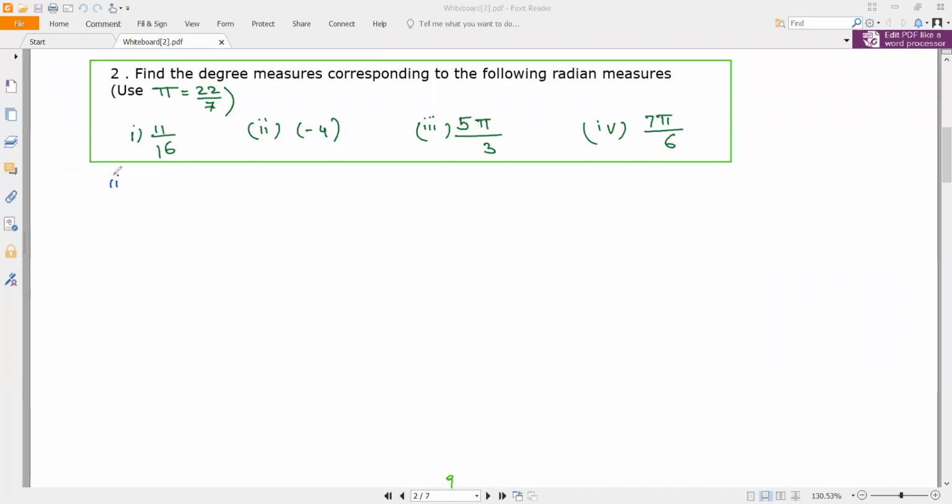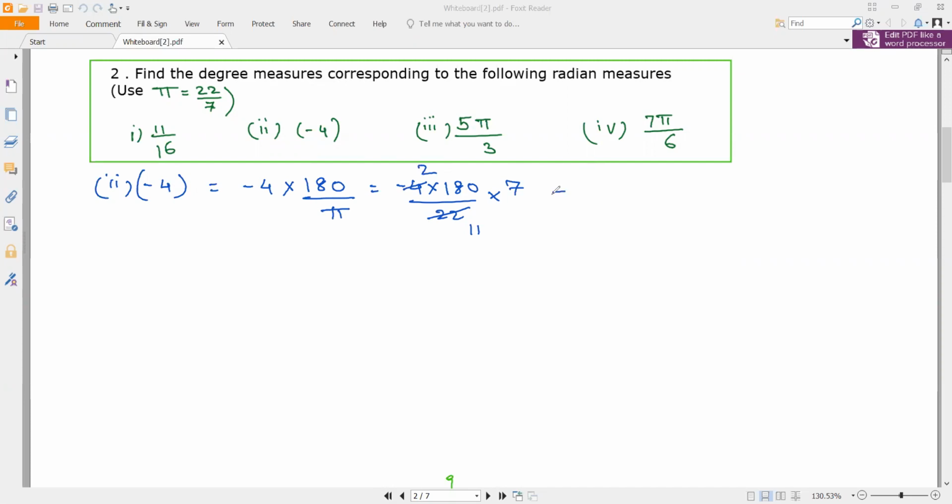Next, the second part you have to calculate is minus 4. So minus 4 is minus 4 into 180 upon pi. We need it in degrees, that's why 180 is in the numerator. Pi is 22 upon 7. So minus 4 into 180 upon 22, and 7 goes in the numerator. 11 2s are 22.